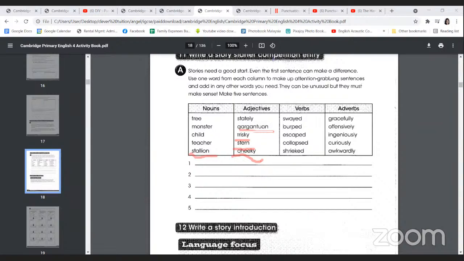Frisky, playful. Stern, serious. Bird, that's bird, the baby bird.